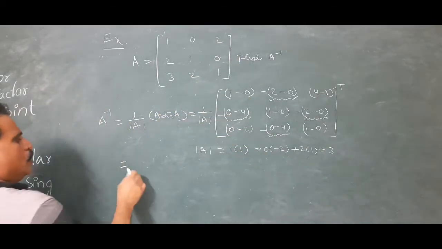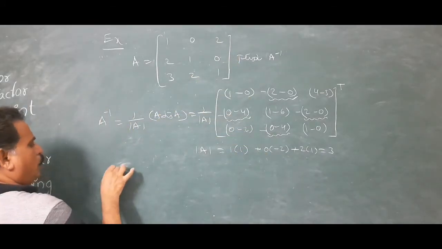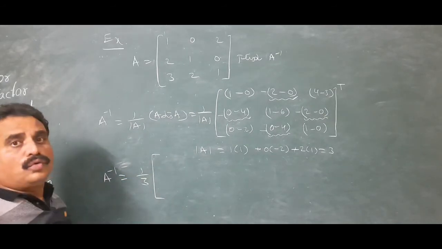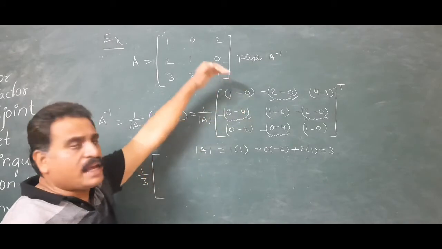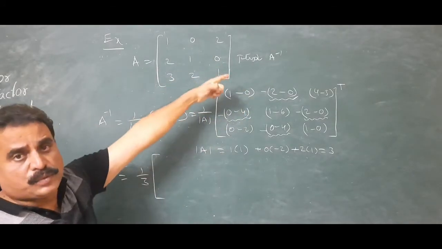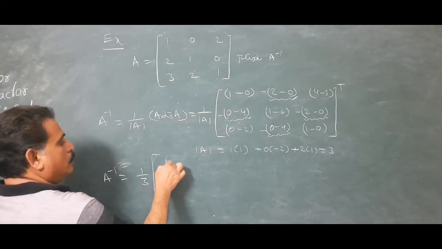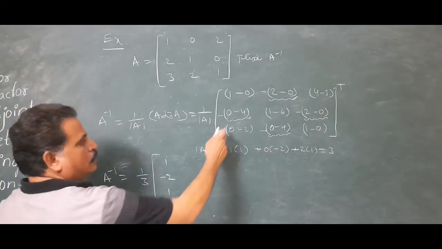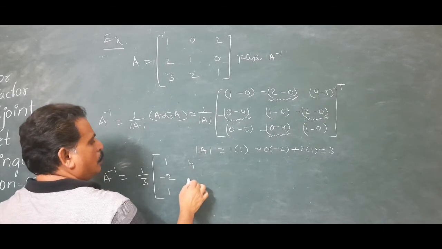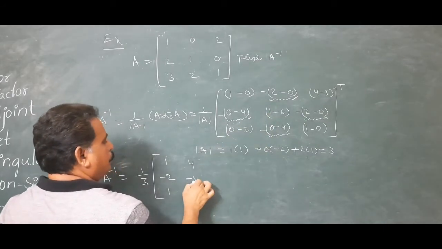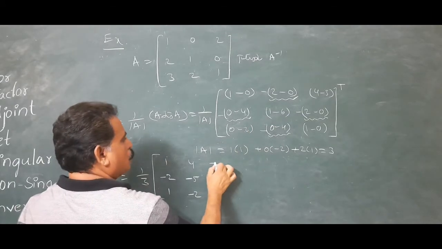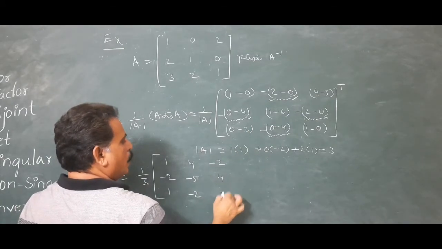So A inverse equals, directly we can write, 1 by 3 into. Now we note down these elements column wise because the transpose is there. 1 minus 2 1. Next 4 minus 5 minus 2. Next minus 2 4 1.